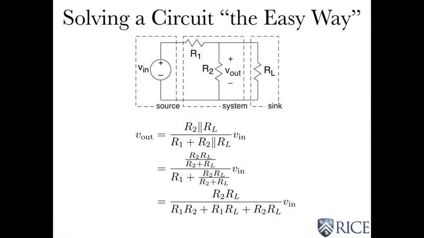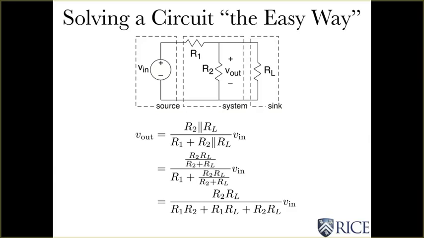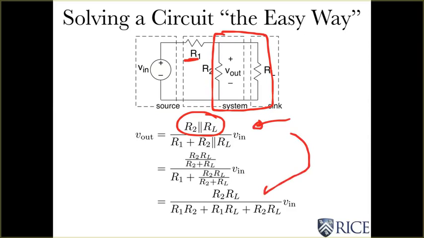What we discover is that the output voltage is, using our series and parallel combination rules, this looks like a single resistor, which is R2 in parallel with RL, and then that's in series with R1. So we simply use voltage divider to figure it out. And this is the concise expression, and when you simplify everything, you get this for our final answer.